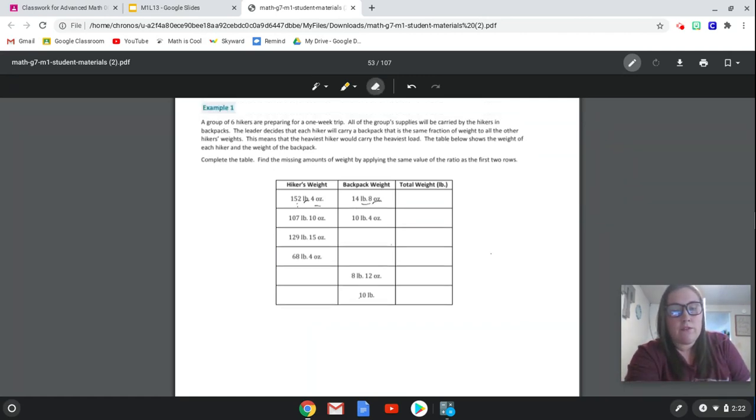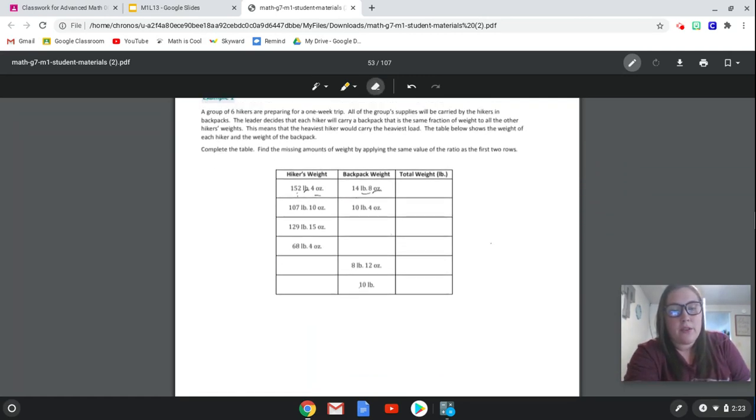So that's kind of the first step. And then after that, we're going to need to figure out what the ratio is. So we're going to have to compare or divide the hiker's weight. We're going to divide the backpack weight by the hiker's weight to give the ratio of the backpack weight to the hiker weight.